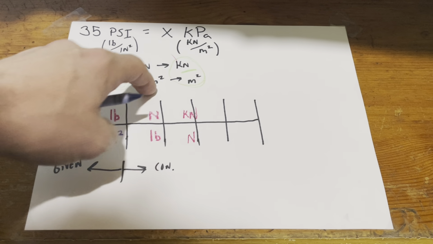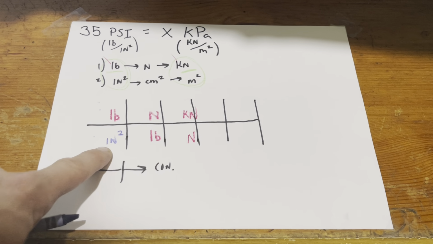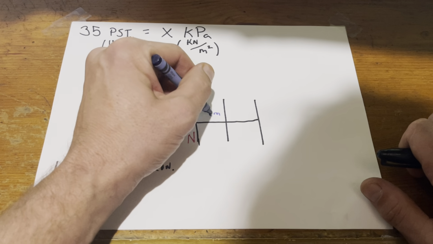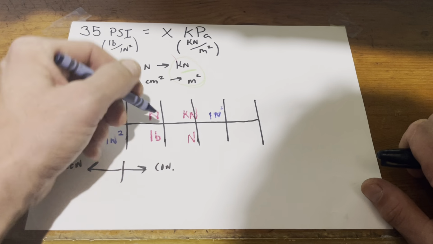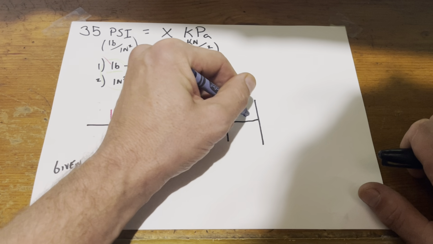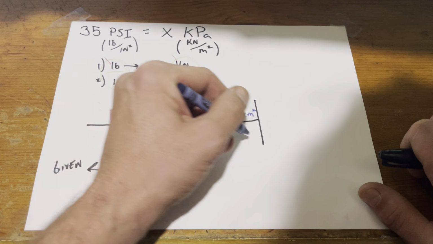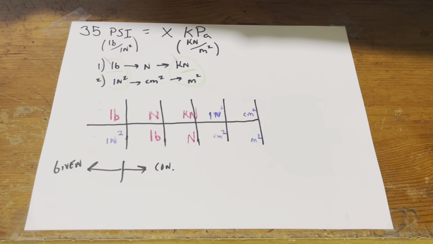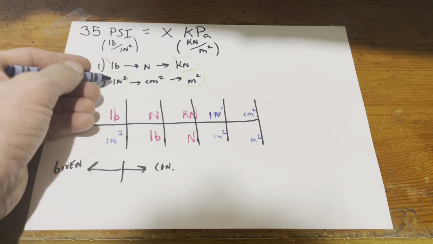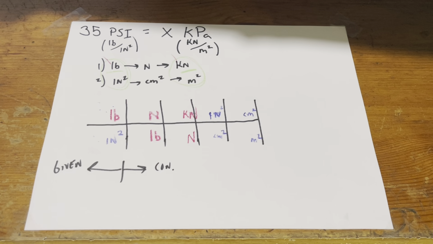If we follow our conversion sheet, inches squared on the bottom, we get inches on the top to cancel, and then centimeters on the bottom, centimeters on the top, and meters squared on the bottom. Going back to our check: pounds, kilonewtons, inches squared, meters squared. We're done. That should be our peace of mind. That's our framework. We get that in, everything's downhill from there.